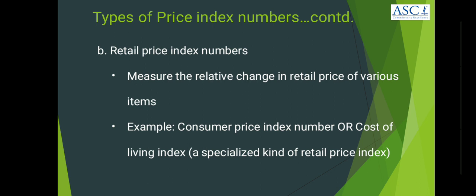Cost of living index, or the other name for it, consumer price index, is the best example of retail price index number. It is a specialized kind of retail price index number.